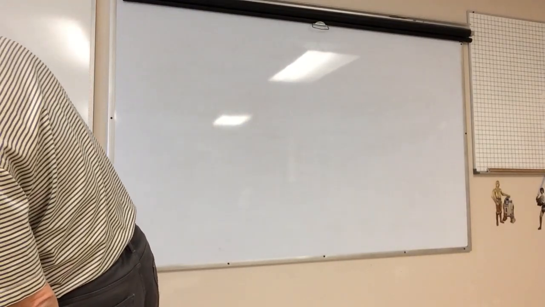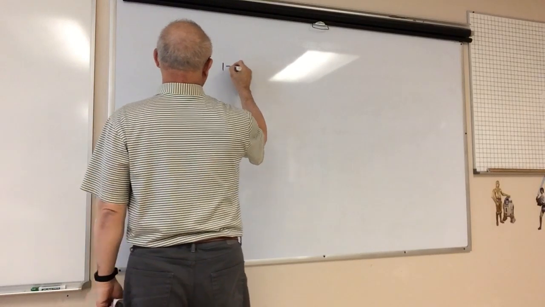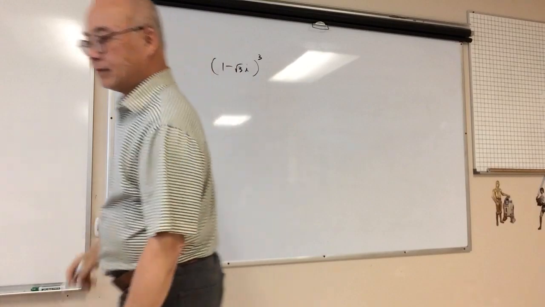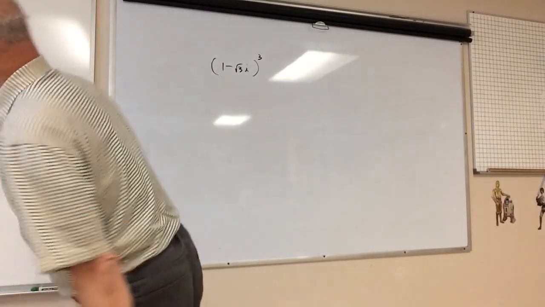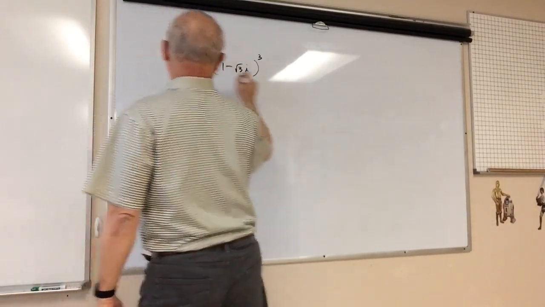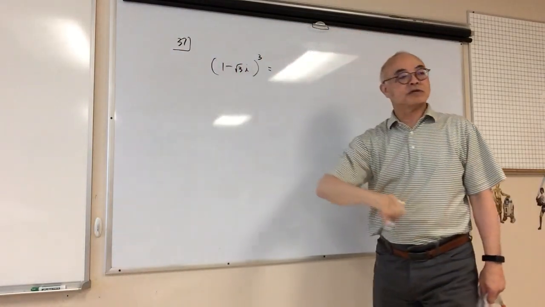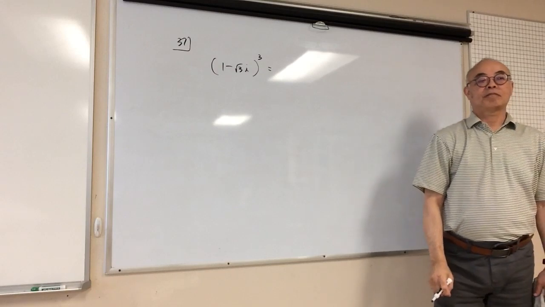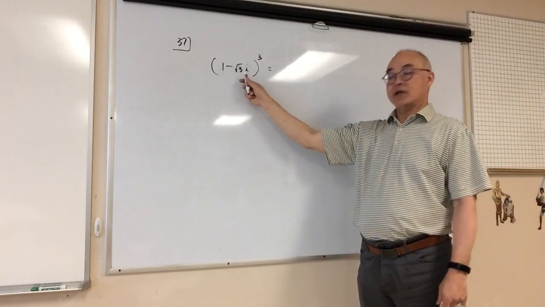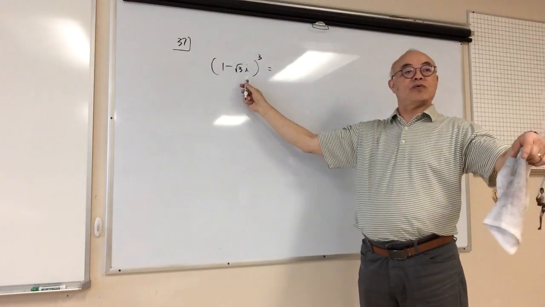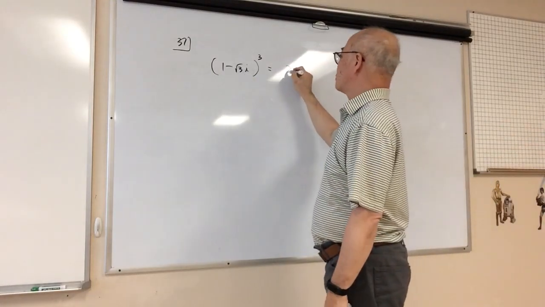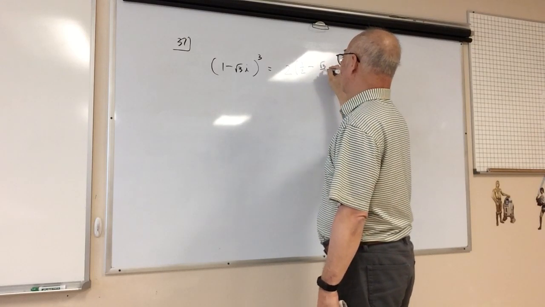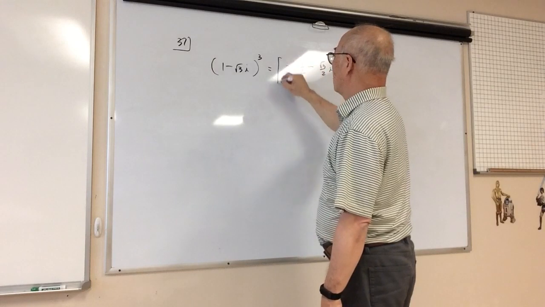So I'm going to have 1 minus root 3 i, to the third. That's 37. Okay, so what's my r value here? 1 plus 3, which is 4. Square root of 4 is 2. So it's 2 times 1/2 minus root 3 over 2 i, to the third.